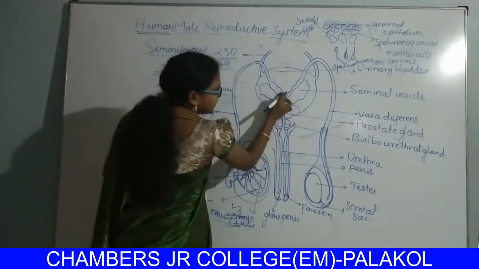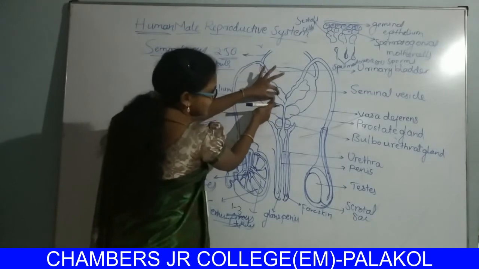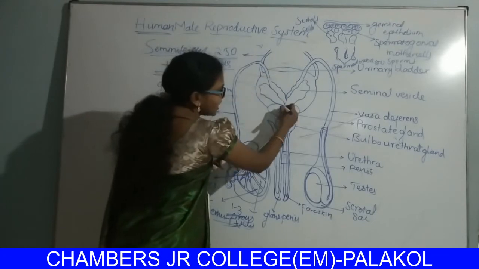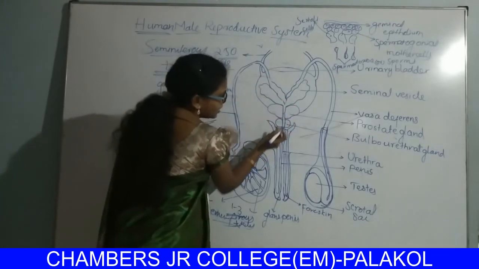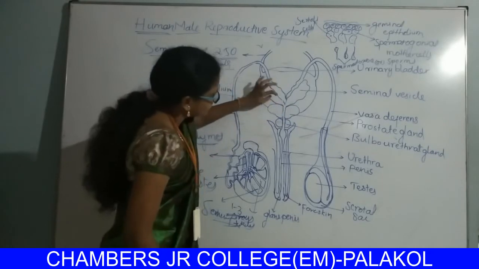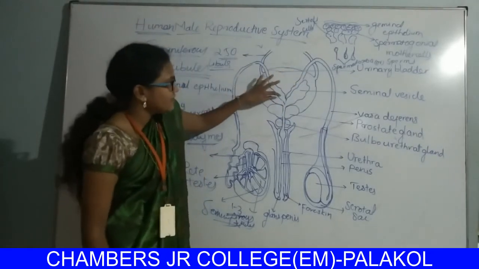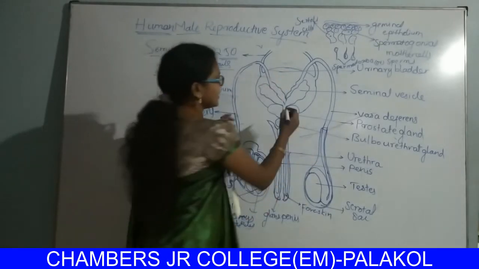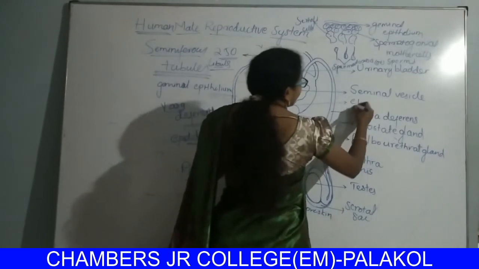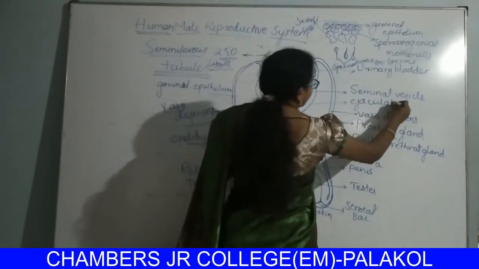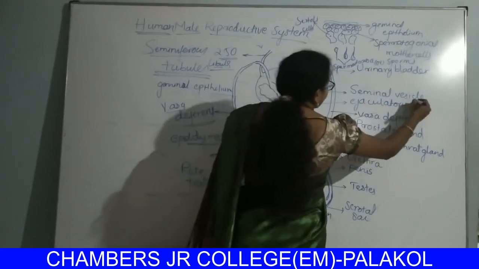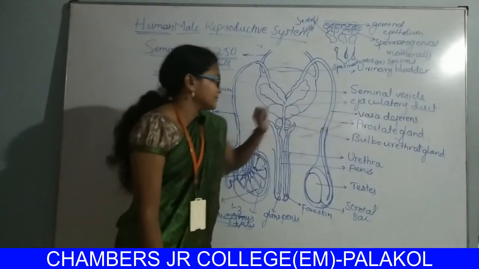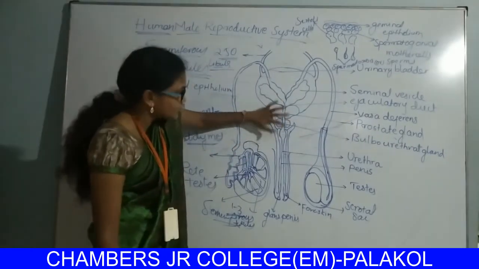So the vasa deferens and the seminal vesicle form a common duct called the ejaculatory duct. Both the vasa deferens and seminal vesicles open into a common passage called the ejaculatory duct.